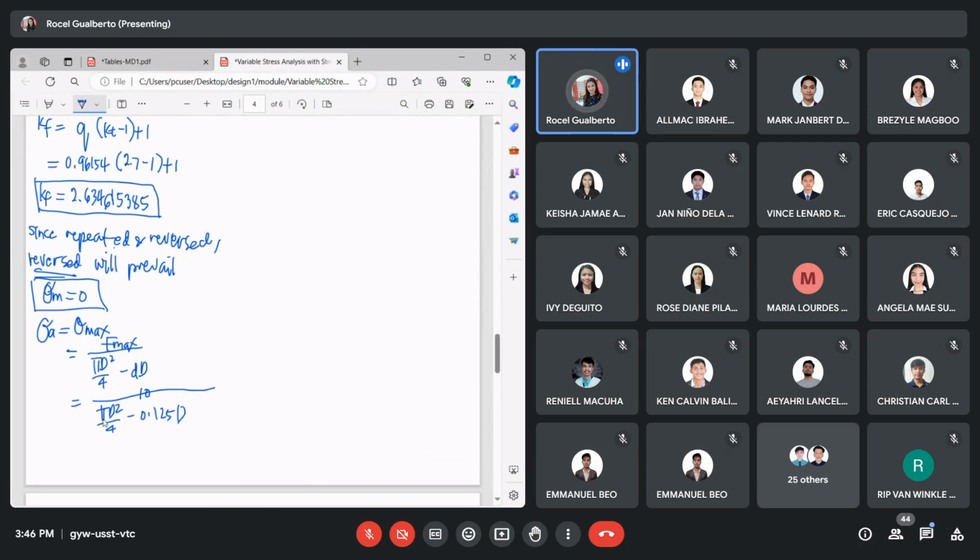You try to simplify what is pi over 4. So, this is 10 over, d squared minus 0.125. Ano nga po yung pi over 4? Pakicompute ninyo po.